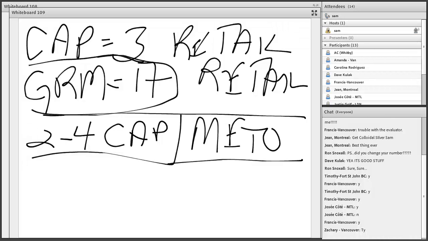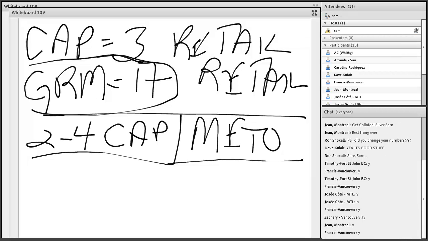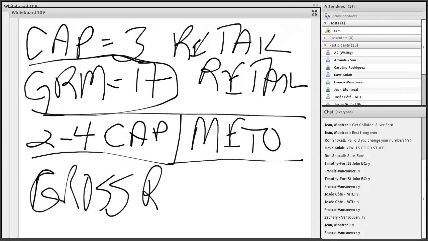Now, does everybody know how to calculate GRM? We'll do a quick calculation. So if the gross rent in a property equals, let's do it on a new board. Hold on one second.